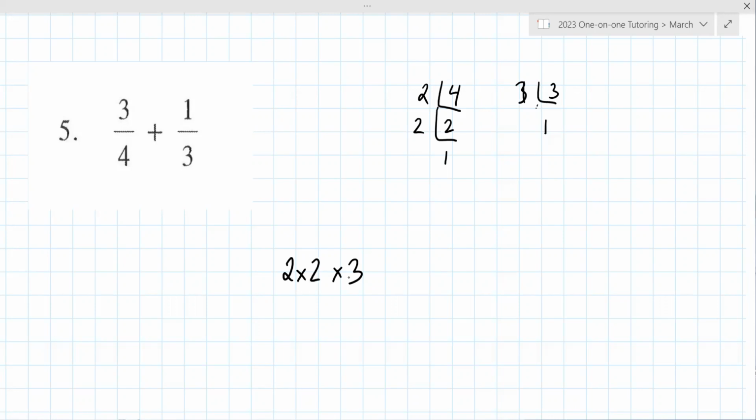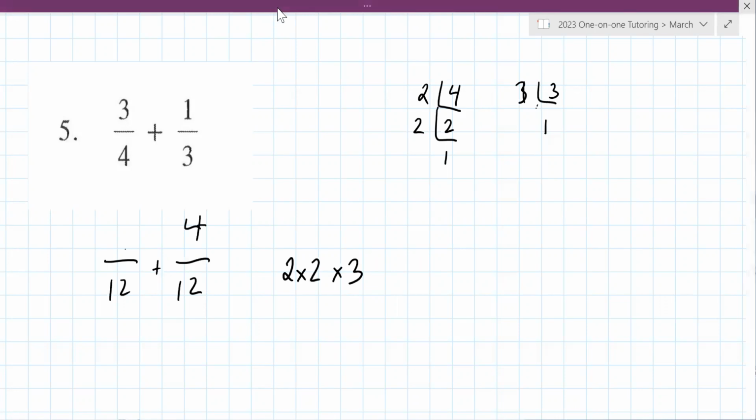So the bottom number is 12. What are the 2 top numbers? 4 and 4.